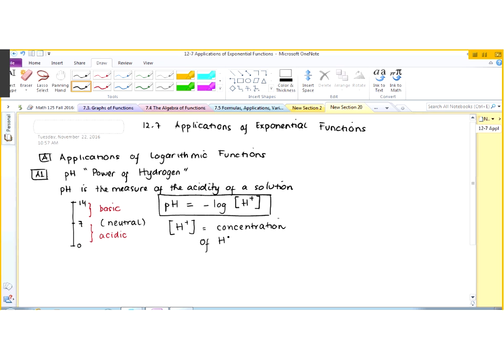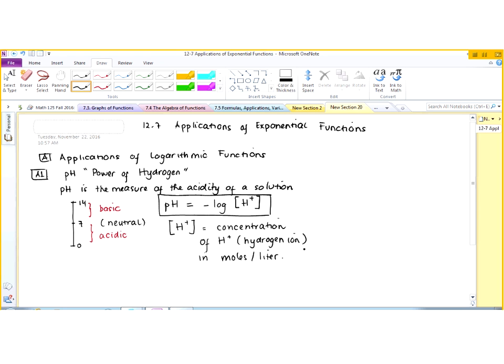The unit is moles per liter, but do you have to worry about the unit? Not really. So 7 is normal. Chemistry 101, Chem 65 also has it, right?